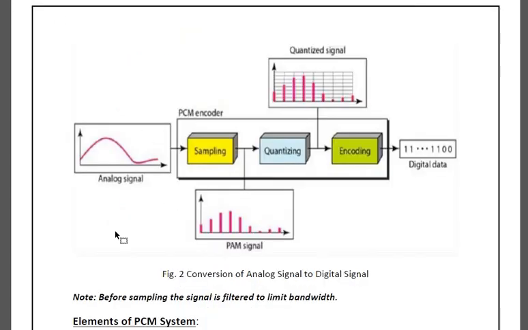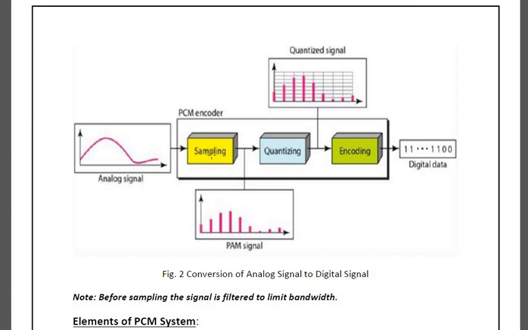Okay, now see this block diagram, conversion of analog signal to digital signal. Before sampling, the signal is filtered to limit the band. So we are giving a signal of some particular band limit, and then we are giving the analog signal to your PCM encoder. The very first step here is sampling. What will this sampling be doing?